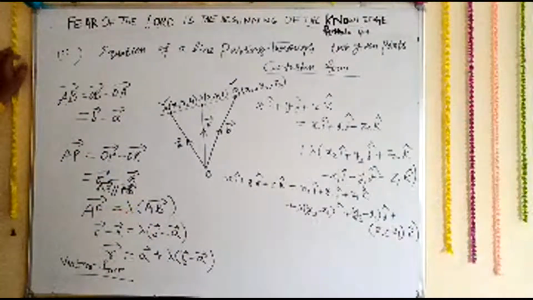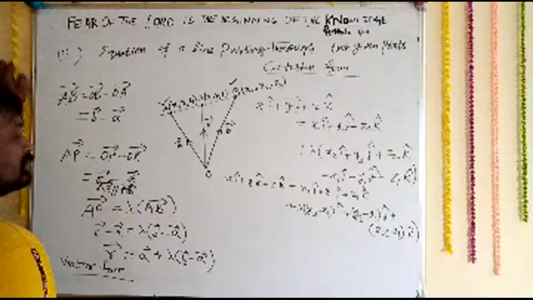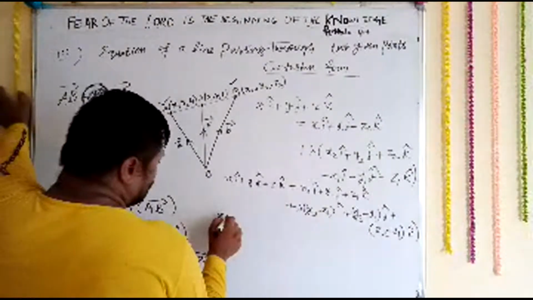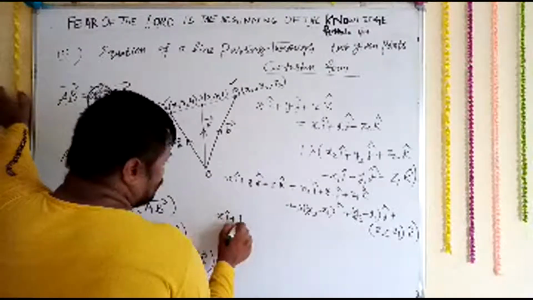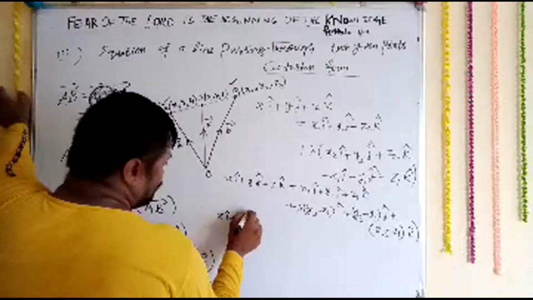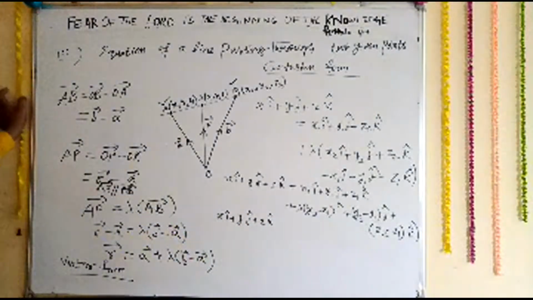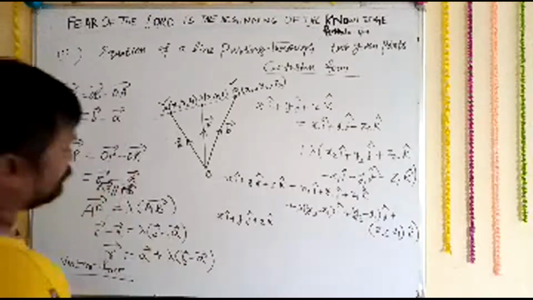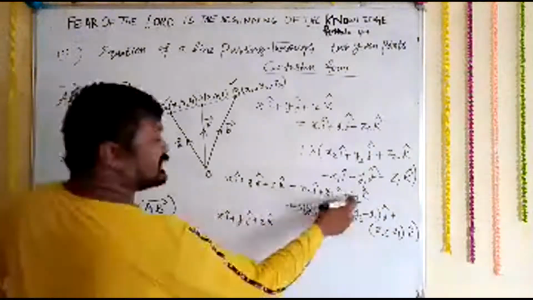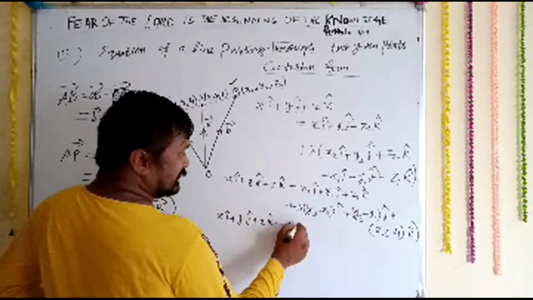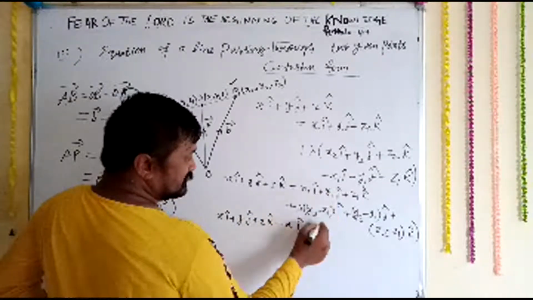Just observe now. x i cap plus y j cap plus z k cap. We'll change it in some other way so that it is going to be good. Whichever terms are on this side, send them to the other side, so you get x i cap minus x1 i cap, and plus also becomes minus, minus y1 j cap minus z1 k cap.